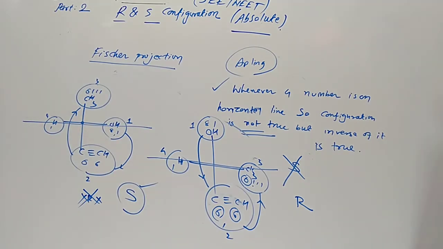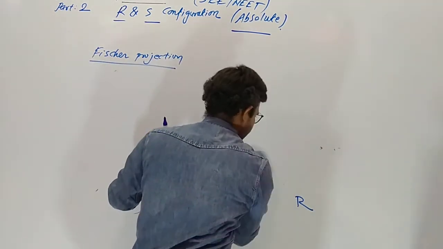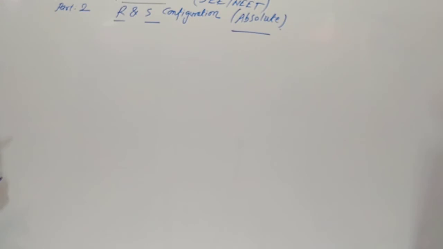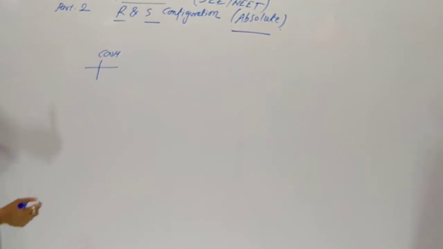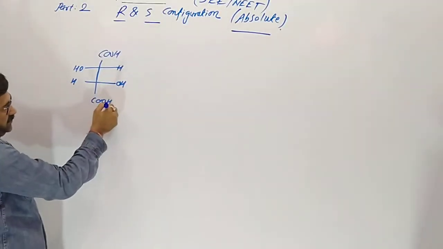Sometimes two chiral carbons are present in the compound. In this case, what do we have to do? Two chiral carbons are present sometimes. Same: COOH, then H, OH, H, OH and COOH.